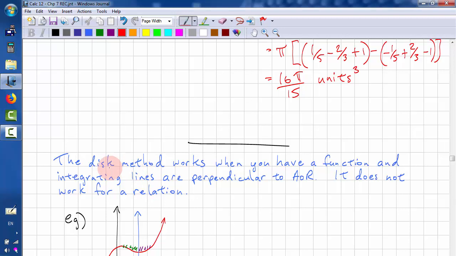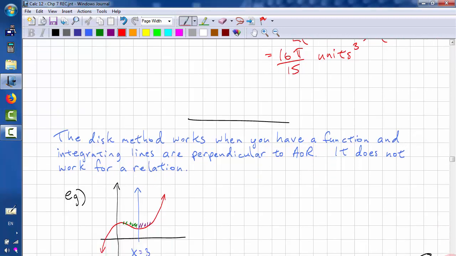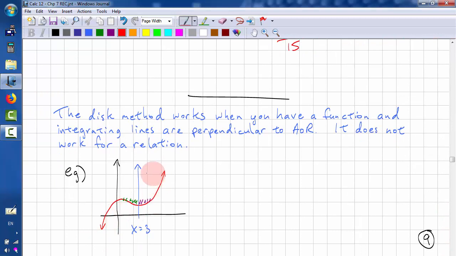Okay, the disc method works when we have a function. The integrating lines are perpendicular to the axis of rotation, or you can think of it as the discs are perpendicular to the axis of rotation. It does not work for a relation. If we have our function and we're rotating about this, we don't have an enclosed area.